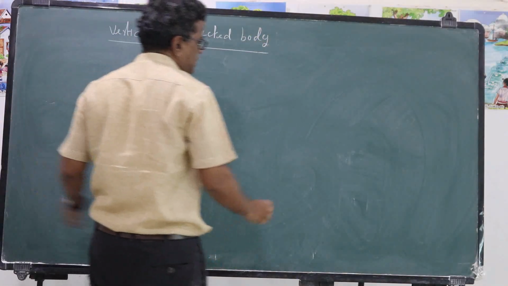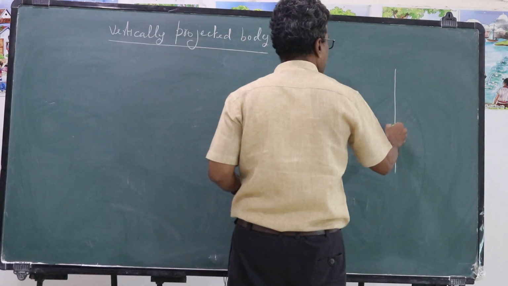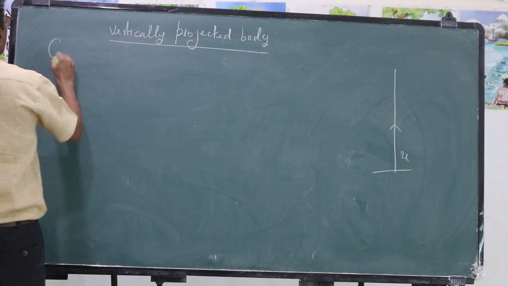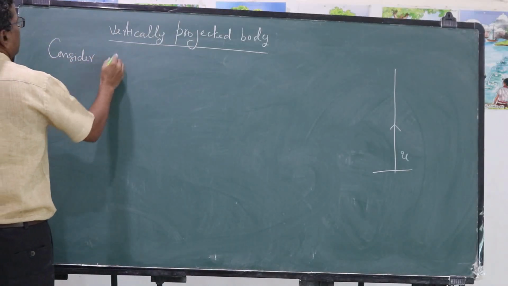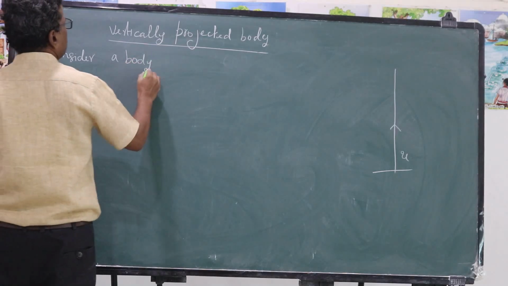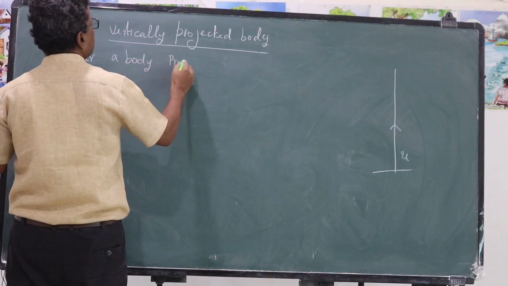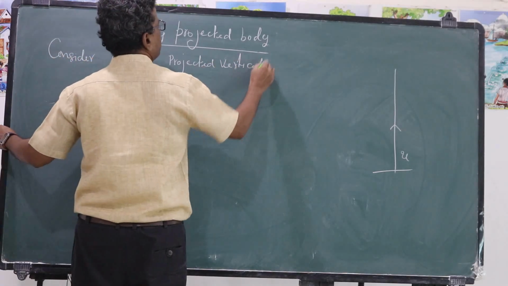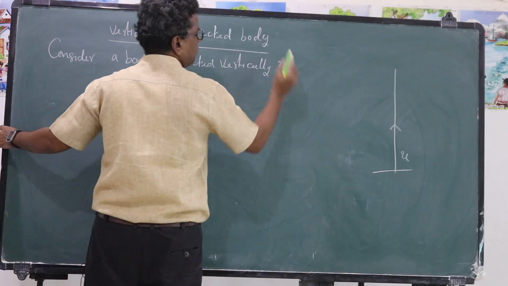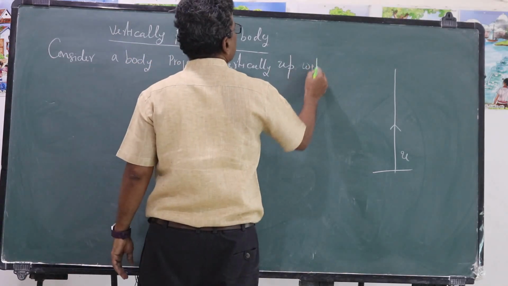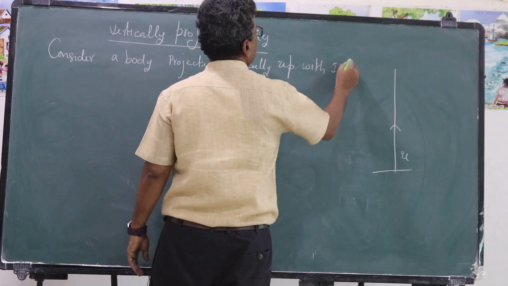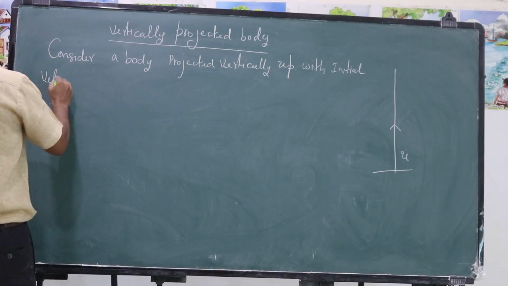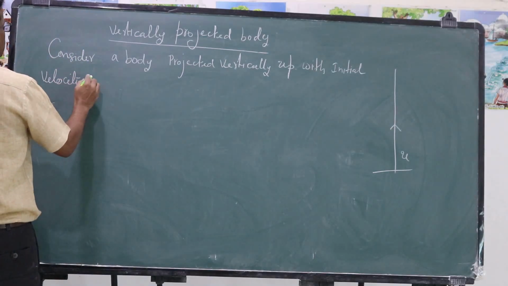So let us consider a body or particle projected vertically up with the initial velocity u.